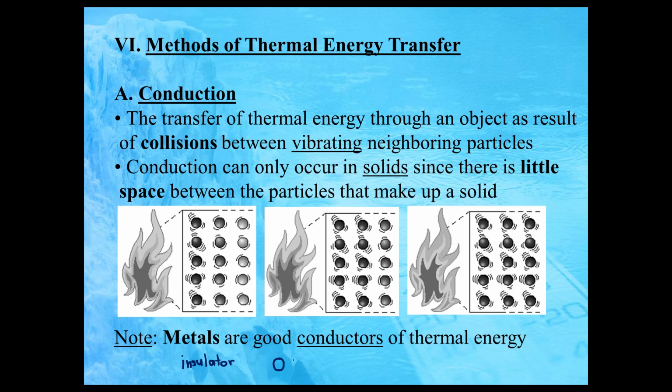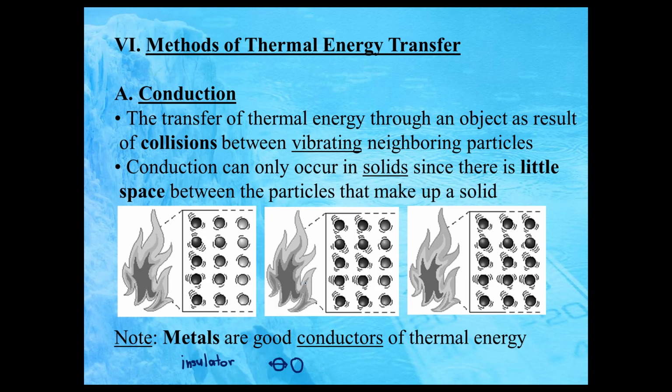So you can have two particles that are very, very closely packed. The problem with insulators is that even if you give the particle in an insulator energy, it can barely vibrate. And if it can barely vibrate, it doesn't do a good job of hitting its neighboring particle. And if it doesn't do a good job of hitting its neighboring particle, then you can't transfer heat. So not all solid materials are good conductors of thermal energy.